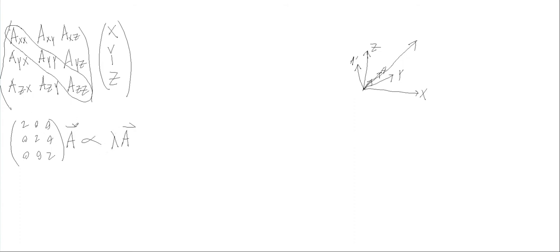What will make it not the same as multiplying it by a scalar is if these diagonals are not the same number, or if these off diagonals are something other than 0.